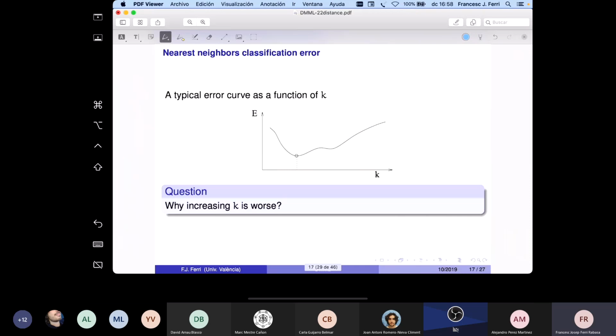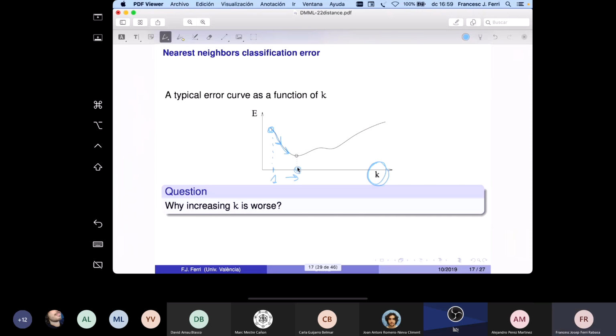And this is what typically happens when we use the family of k nearest neighbors on a given problem. In practice, what happens is more or less the following. This is the error. When you start with k equal to 1, you have a certain value. Usually, when you increase k, you get less and less error.